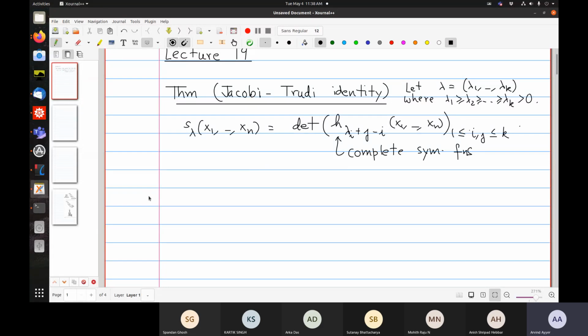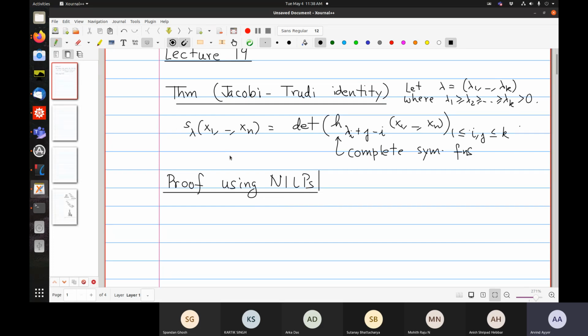We'll give an LGV proof, using the LGV lemma.